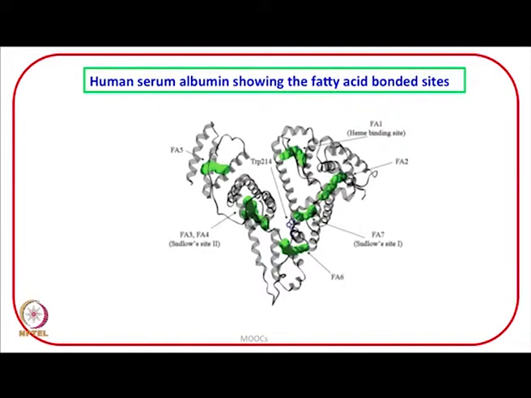In addition to the fatty acid binding sites, there are well-defined other drug binding sites on serum albumin, and that is why, if we are interested in understanding the binding of a certain ligand with this transport protein, serum albumin, we must work with the fatty acid free protein, because if we work with the protein which already has fatty acids, then that will affect the binding studies.